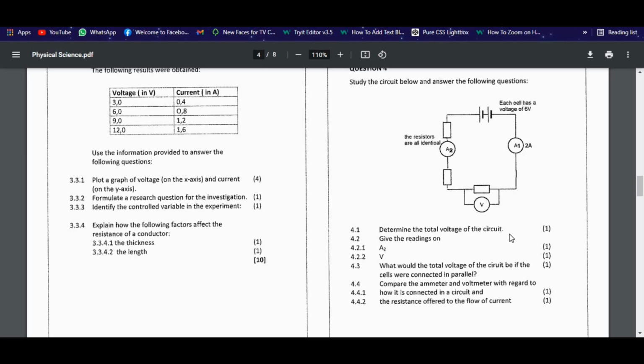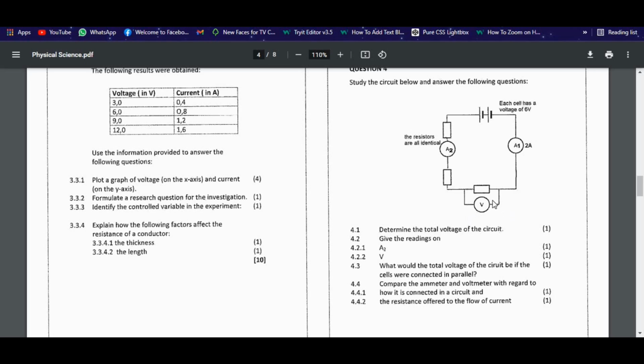Okay, they ask you to give the readings on ammeter 2 and on the voltmeter. Well, the reading on ammeter 2 should be the same as ammeter 1, because current is the same no matter where you are in the circuit, and it's a series circuit as well. The voltmeter, though: if each of the cells has a voltage of 6 volts and all the resistors are identical, then the voltmeter should equal the total voltage in the circuit.